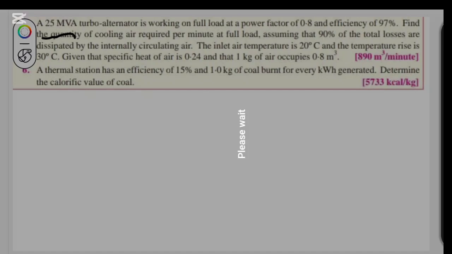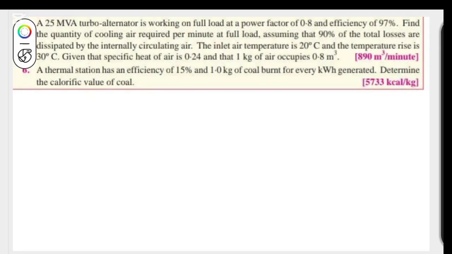So the question is asking that we are to find the quantity of cooling air per minute at full load. So you have to take note that the first thing that I'm going to do, I have to first find the output power. So let me say the output power.